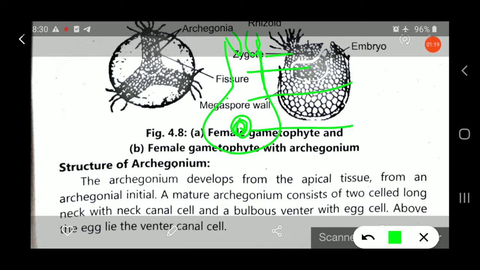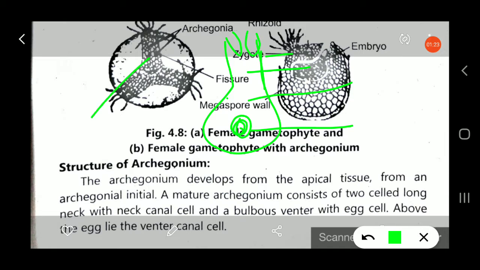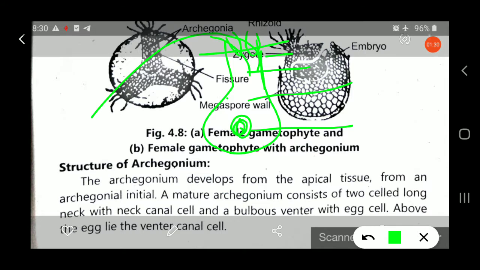When the sperm, that is the spermatozoid or antherozoid, comes, the cover cell disintegrates, and the neck canal and venter canal cells also disintegrate. Then, of many sperms, only one antherozoid comes and fuses with the egg. When the male gamete and female gamete fuse, the zygote is formed.